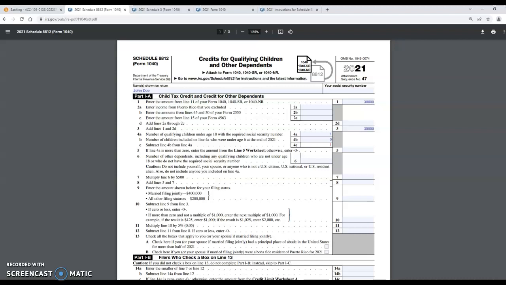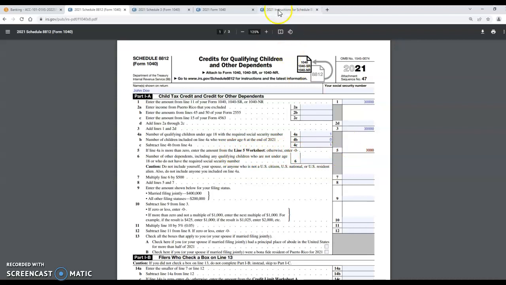And if you make even more than another amount, then you can't get it at all. Okay, so that's what that worksheet was doing. Now in this case, someone making $30,000 a year, that's way below any of those thresholds. And you can go ahead and assume they can get all the $3,000.